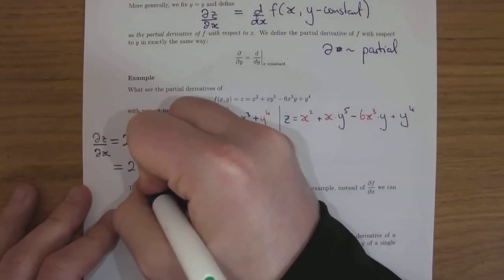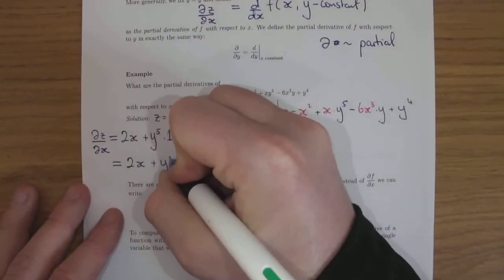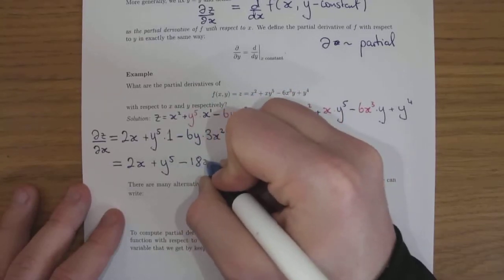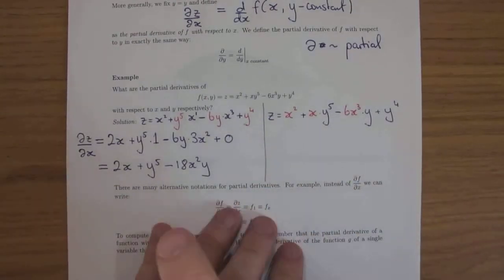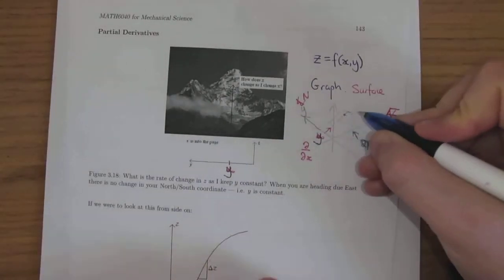Get 2x plus y to the 5 times 1 is y to the 5, minus 6 by 3 is 18, x squared. Okay, no better.